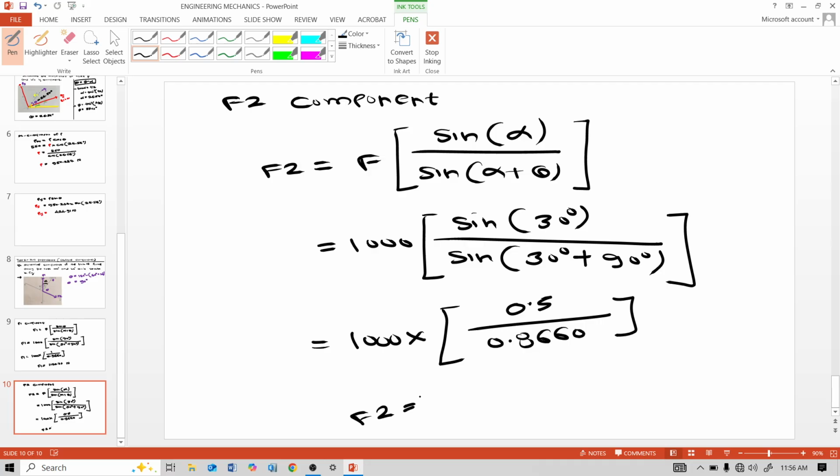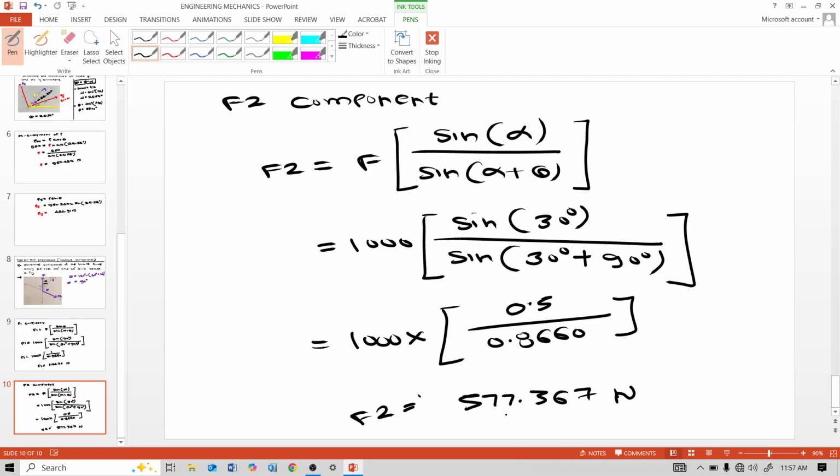So 1000 into 0.5 upon 0.8660 is 577.367. And the unit is again Newton.